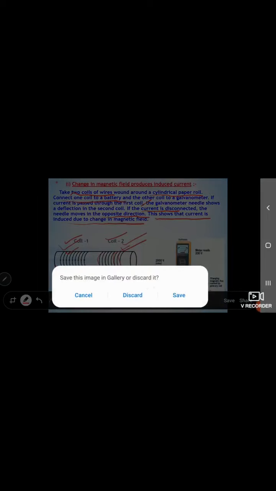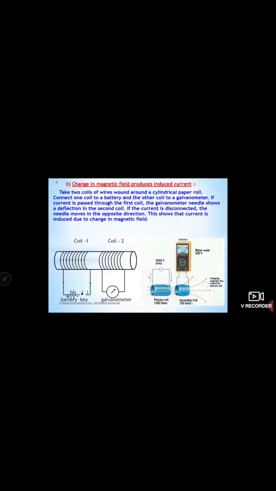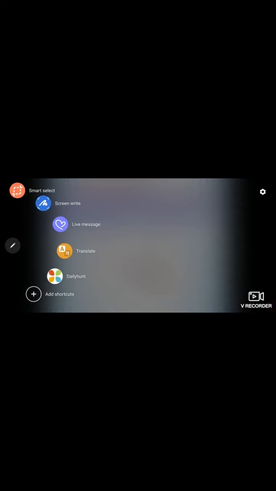So after knowing this, one more important concept is Fleming's right hand rule. By knowing all the previous concepts, it is also a very simple concept. In the previous class itself we studied Fleming's left hand rule. So now this is called Fleming's right hand rule, and this is also a very important concept.